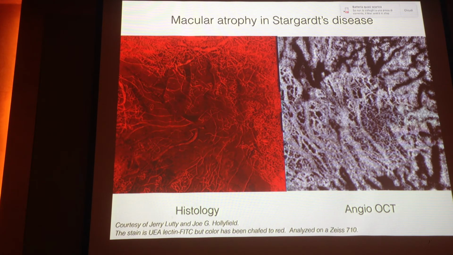And the same thing for a Stargardt treatment. If you have a Stargardt treatment and you want to put some cells, stem cells or RPE cells in the center of atrophy, it will never work out because, of course, there is no choriocapillaris.